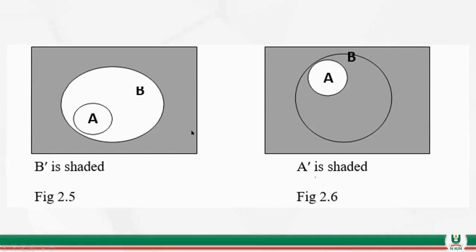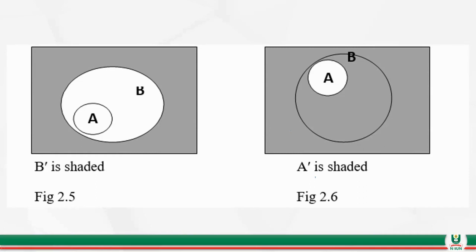Can you see them now? The bigger circle is B. The smaller circle is inside of B, which is A. So everything outside of B now is the shaded portion. It is now referred to as B complement. Is that clear now? Yes, sir. It is, sir.